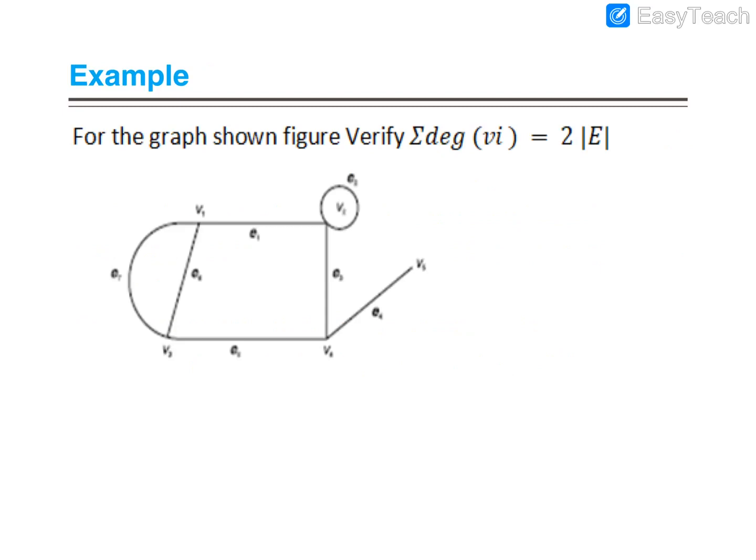So let us discuss a related example of theorem number 1.